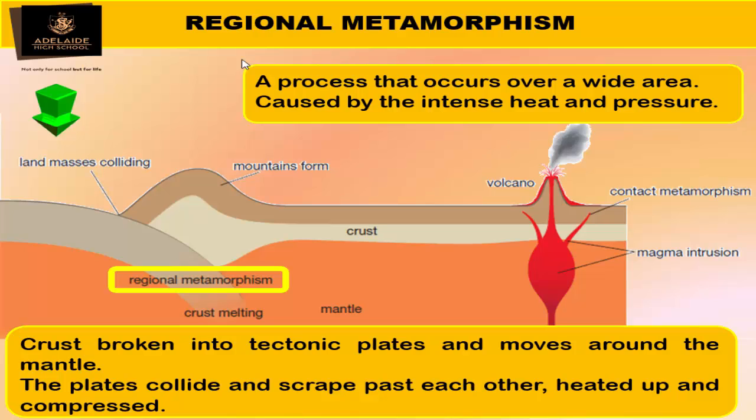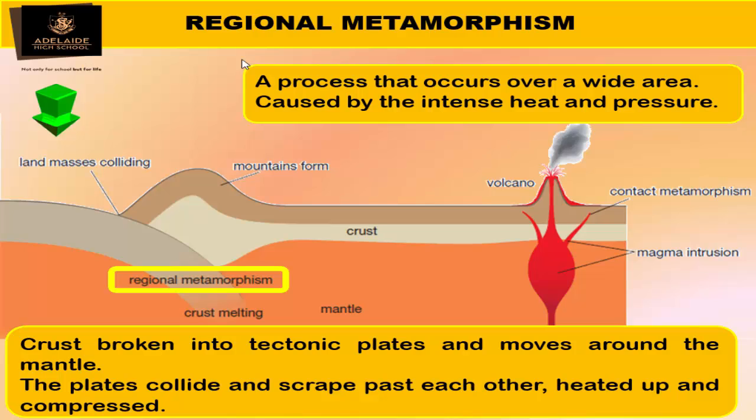So these tectonic plates, guys, when you think of tectonic plates, what do you think of? Earthquakes, tsunamis, yes. That's right. So basically those are tectonic plates, earthquakes, tsunamis, anything that you can see.